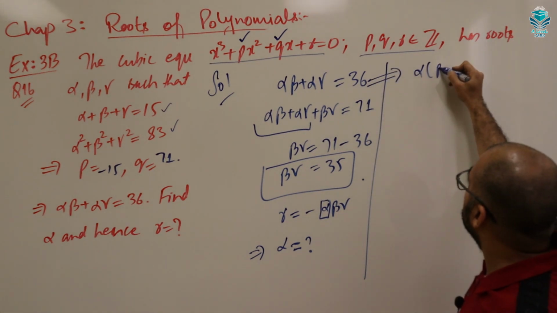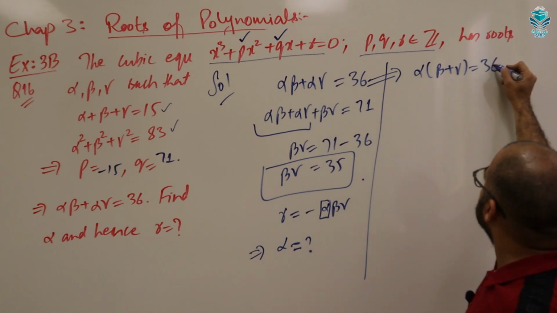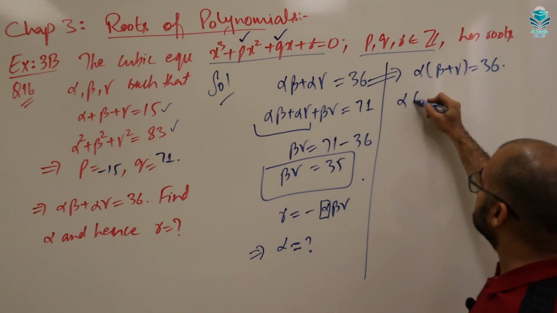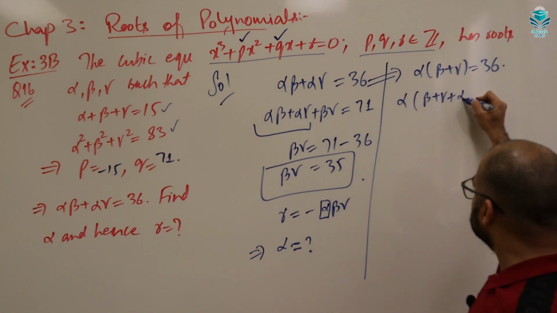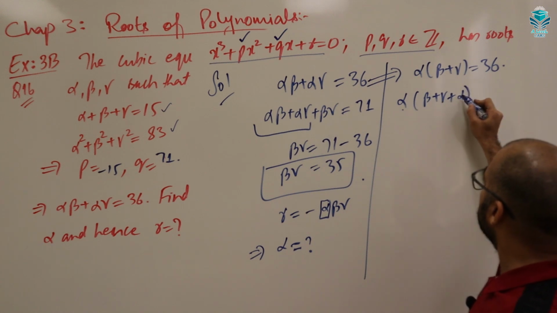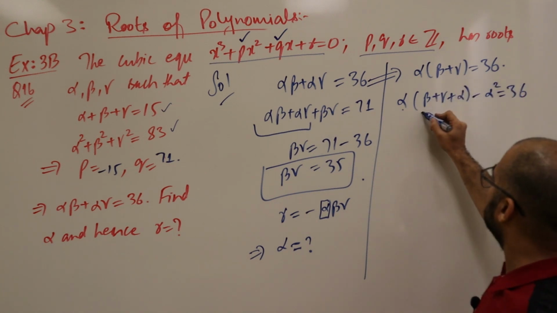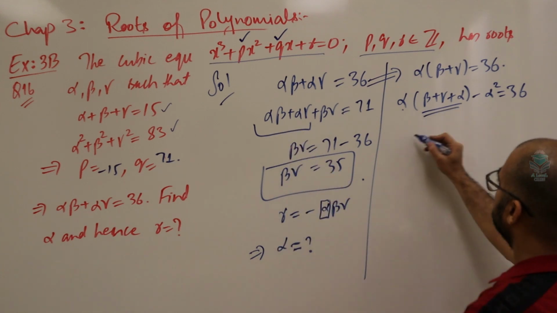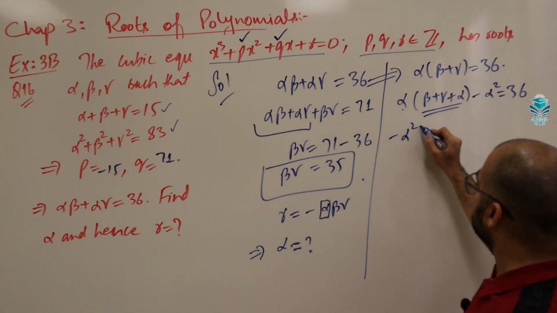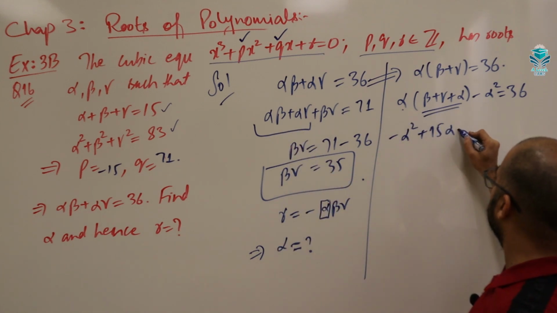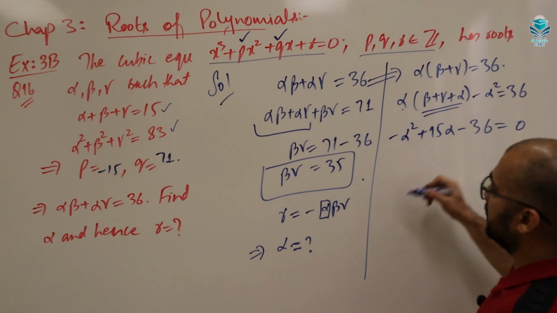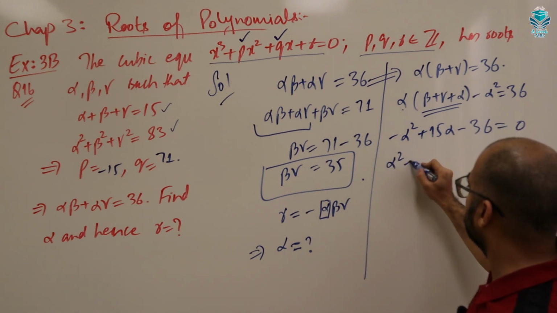Take alpha common, beta plus gamma is 36. You can rewrite this plus alpha. This is alpha square you added, so you have to subtract alpha square. The value of this is 15. This is minus alpha square, 15 alpha minus 36, and rewrite this equation.